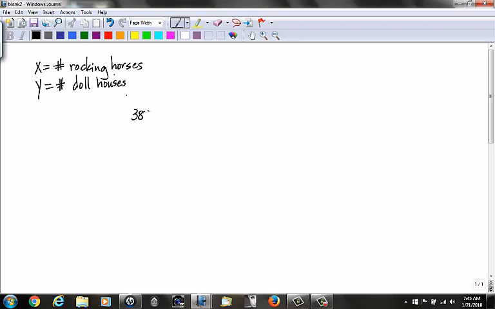And for each rocking horse, it takes how much? 3 hours. So 3 hours per rocking horse, so you'd multiply those together, 3x. Okay, and each dollhouse to assemble, 4, so plus 4y. And we can't go over the 3,800, so that's less than or equal to.